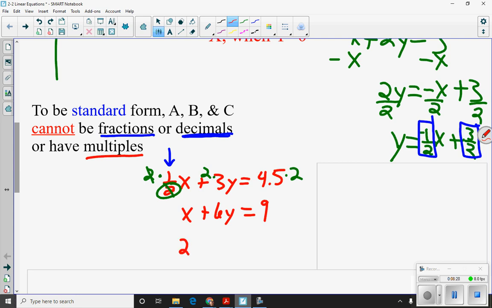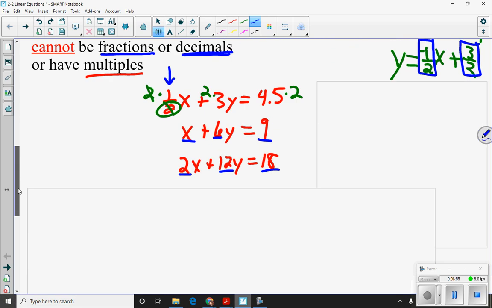What if I had 2x plus 12y equals 18? That's still the exact same line, but it's not standard form because these three values are just multiples of those. So standard form wants to keep it as small as possible. So keep those numbers small, which is really nice.